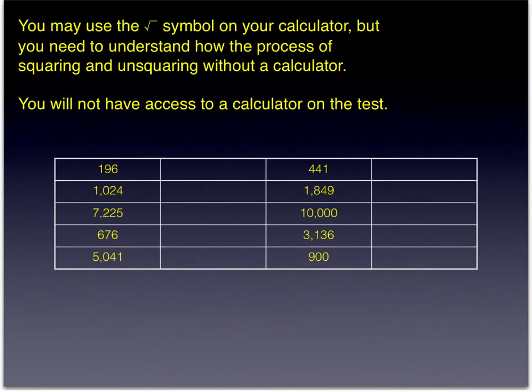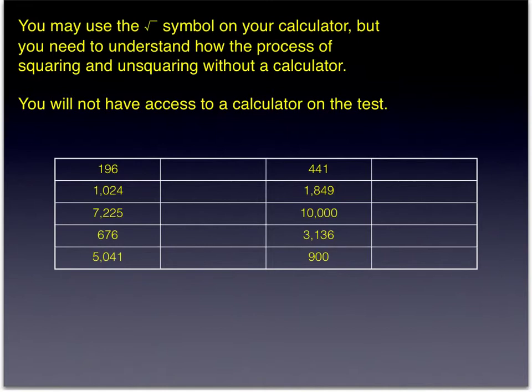But I want you to know how to use the process of squaring and unsquaring without a calculator, because you won't have a calculator on the test. Now, many of the numbers aren't going to be as complicated as what's on this page, but I want you to know how to do it in multiple ways. So doing it mentally is great, but also do it with a calculator too.